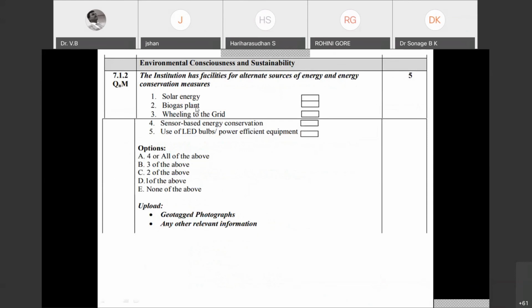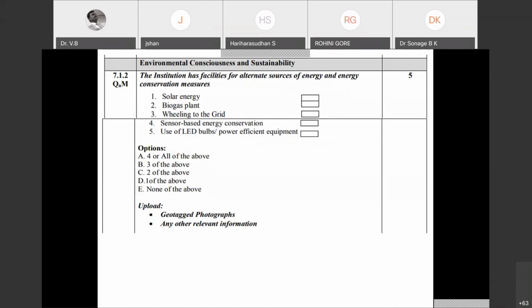Then, the institution has facilities for alternate sources of energy. They have also given examples, such as solar energy and a biogas plant. If your answer for that is yes, then for each category you have to have the establishment certificate, like for the solar energy plant, who has established it, and whether it is functioning properly, whether the annual maintenance is being done properly, and the maintenance certificates are filed.